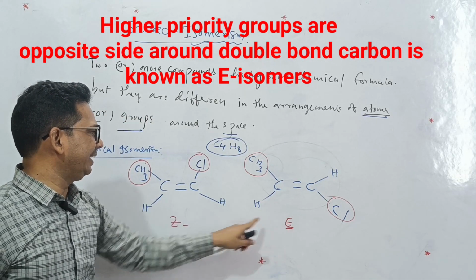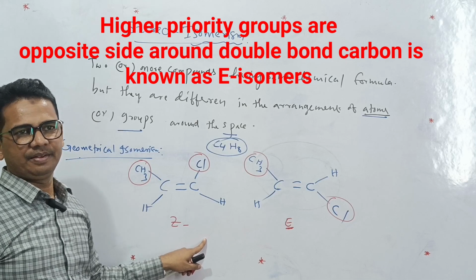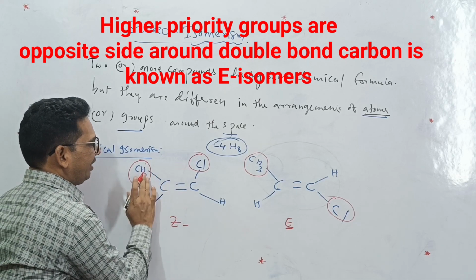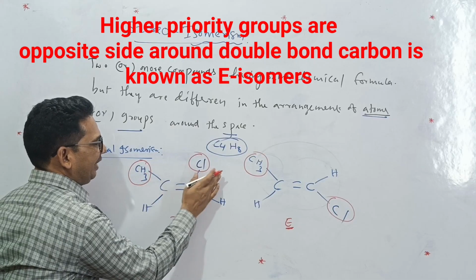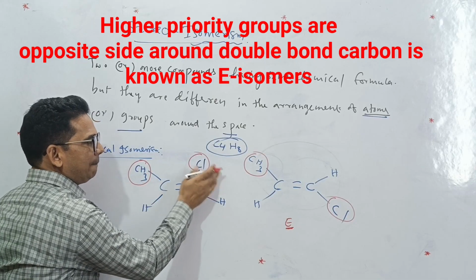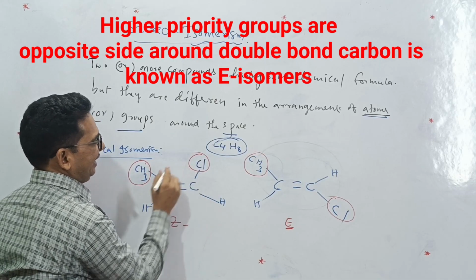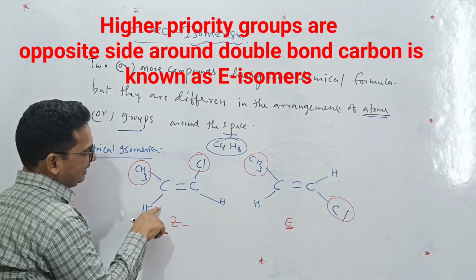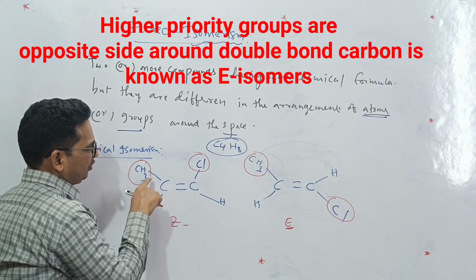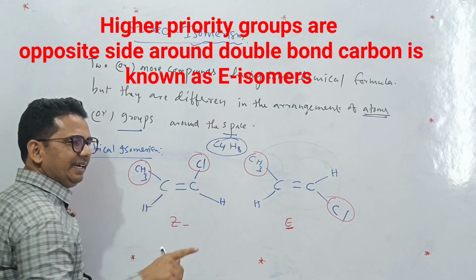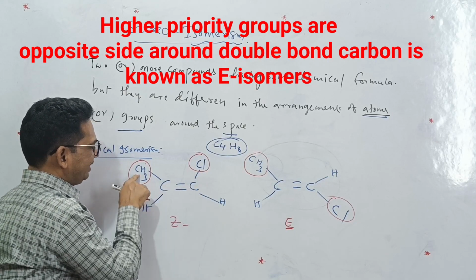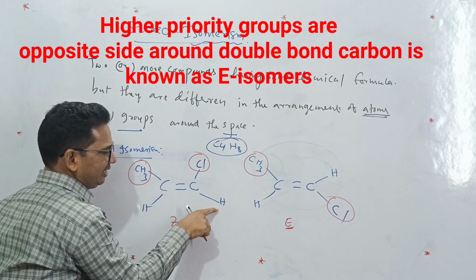When we are considering this, in this case the atoms or groups are different, but the priority we are considering here means the higher priority one. Just see in this case, which one has more priority? Priority is based on the atomic number. For this 17, for this carbon 6, this hydrogen is 1.